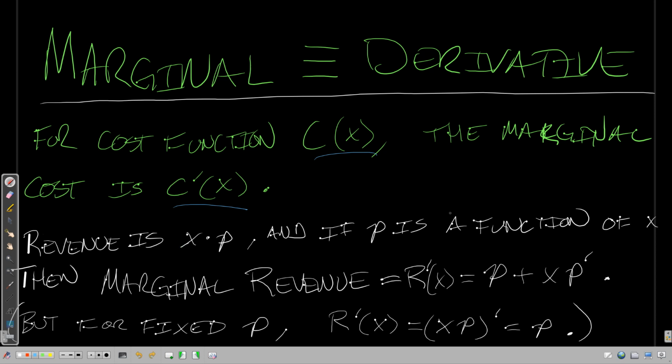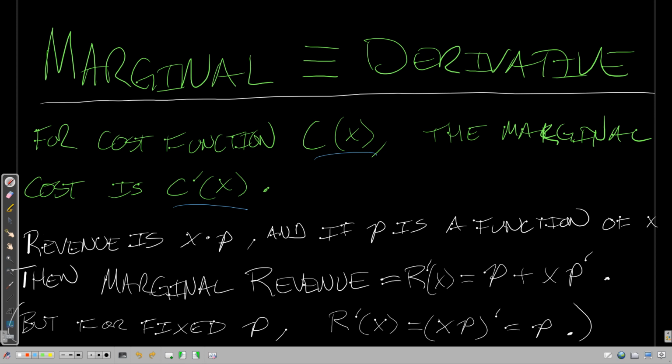But the price per unit does not have to be the same all the time. The price per unit might change as the number of units sold changes. And if that happens, then the price is a function of x.